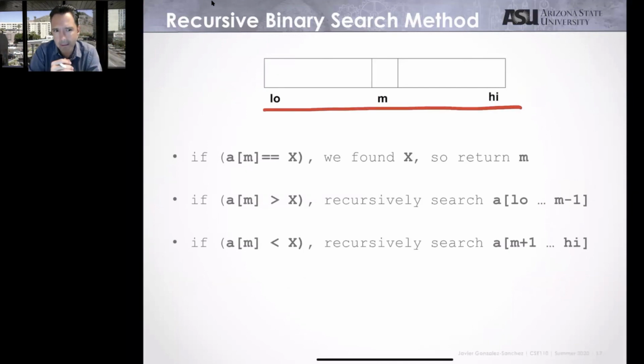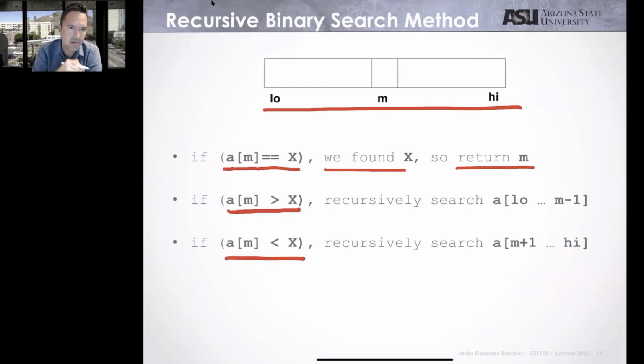Considering that, what we are doing is, if the array in the middle is equal to whatever I am looking for, then I am done. I found the element and I need to return the index, right? That is what we did. If they are equal, done and return. The other two cases are the element I am looking for is smaller or the element that I am looking for is greater.